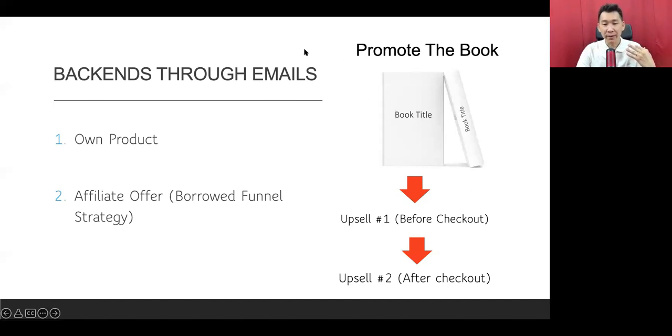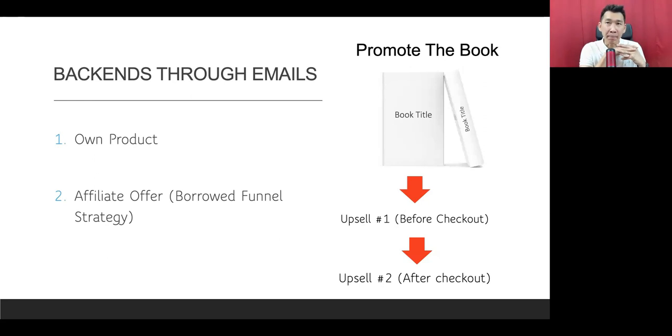So let's go back here to backend. This is a mixture of being strategic and tactical. Backend is being strategic, but tactical is using emails. So where does your backend come in? After the funnel. If you have your own product, then you can offer more of your own products as the solutions.